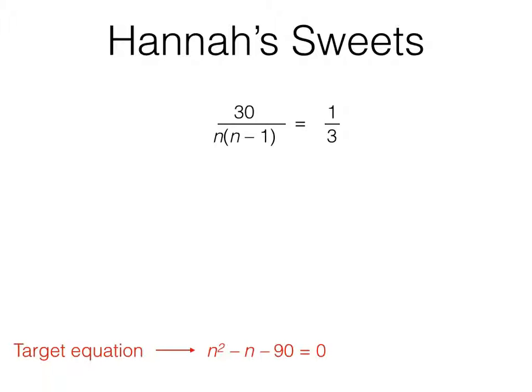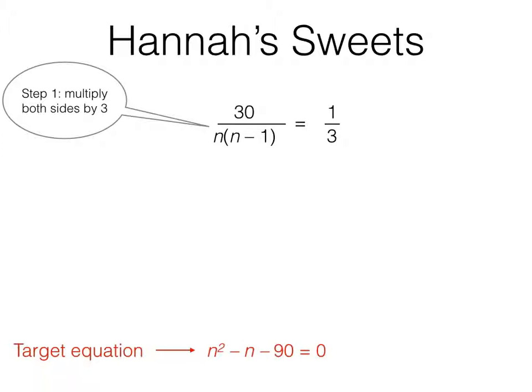The first thing I notice is this 3. So, step 1, I can get rid of it on the bottom by multiplying both sides by 3. These 3's cancel, and you get this. 90 over n times n minus 1 is equal to 1.